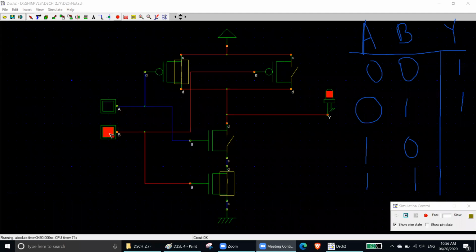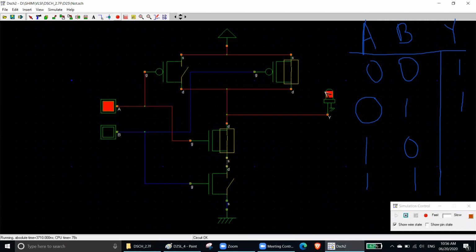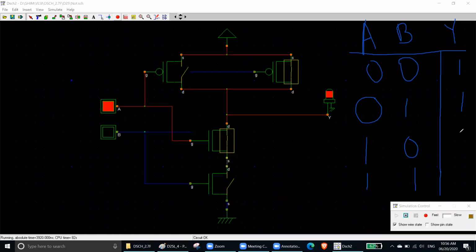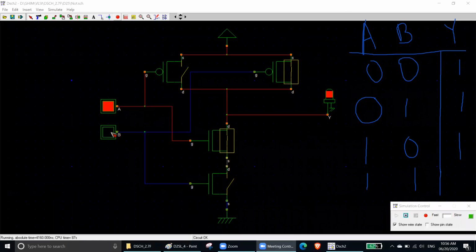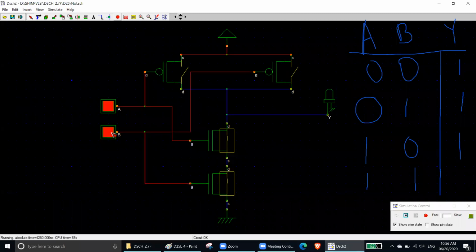Now we will be doing 1, 0. Still your output is 1, right? So I'm going to write 1. Now I'm giving 1, 1. So whenever I give 1, 1, your output is 0.